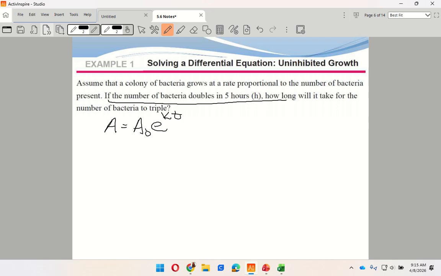My kt, kinda. I got my t though, right? I got my t. And what else do I have? It will double. So it will double what? My initial amount. So it's going to double my initial amount. So I'm going to get 2A is equal to A sub naught e to the k, and then that's going to be 5.